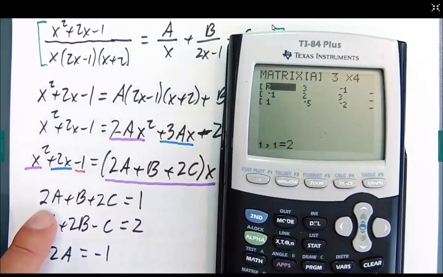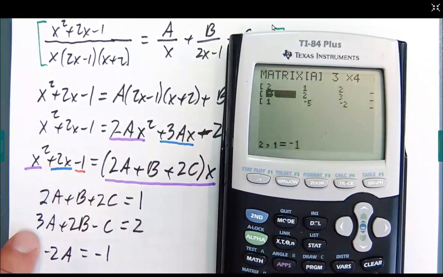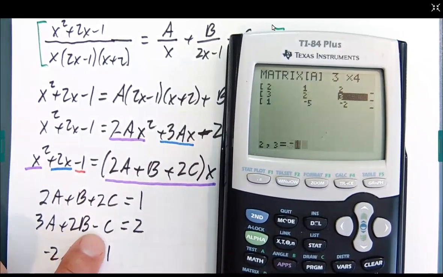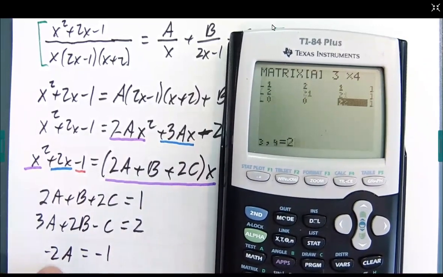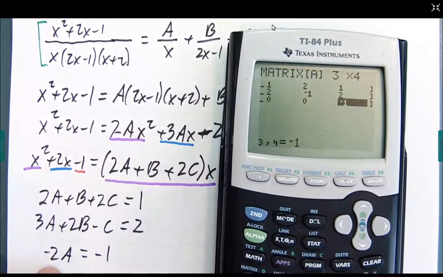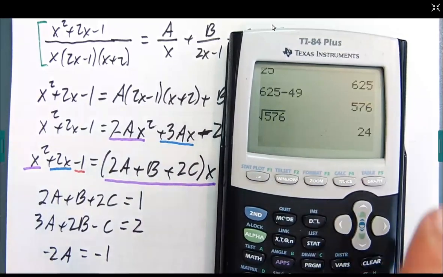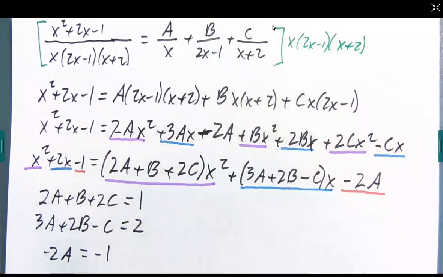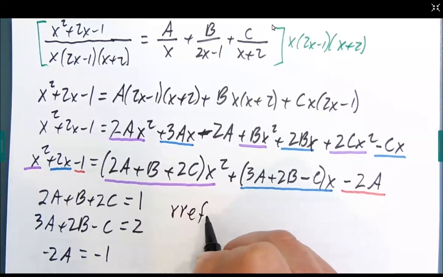So I'm going to put these coefficients in here. After I load that up, I'm going to quit out of that. And I'm going to do what's called reduced row echelon form. That's going to show up as RREF.